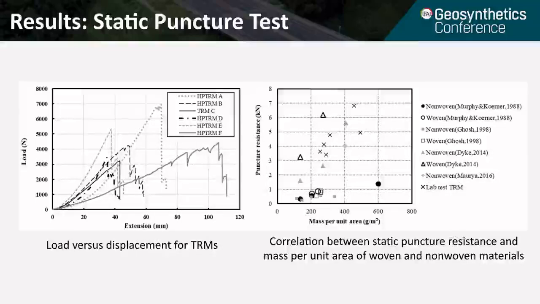The figure on the right illustrates how mass per unit area influences the static puncture strength in woven and non-woven geotextiles. This figure indicates that static puncture strength increases with increased mass per unit area.